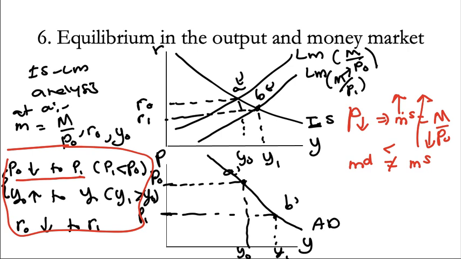So in order for both of them to be equal, money demand has to increase as well until both of them are equal at the new situation. And that new equilibrium leads to an increase in LM, from LM M over P0 to LM M over P1.